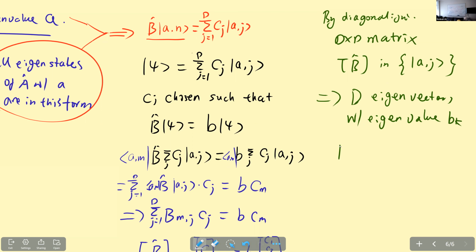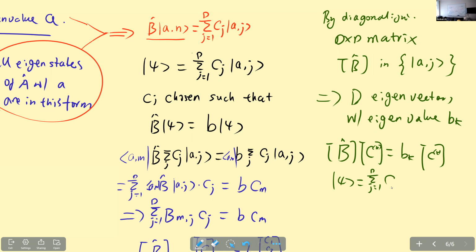So that means you have B. And now this state psi, let me call this k, equals the summation of j equal to 1 to D of C k j and A j.